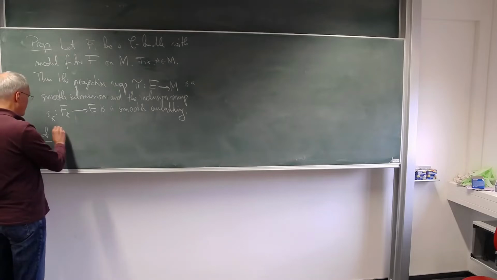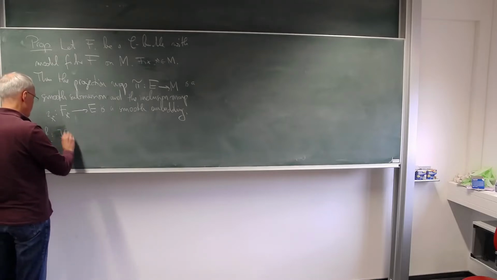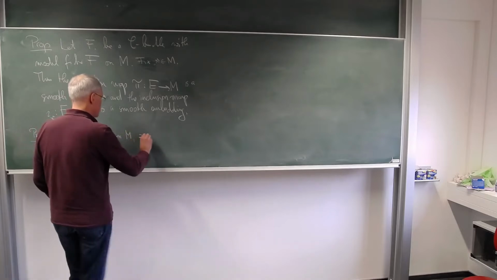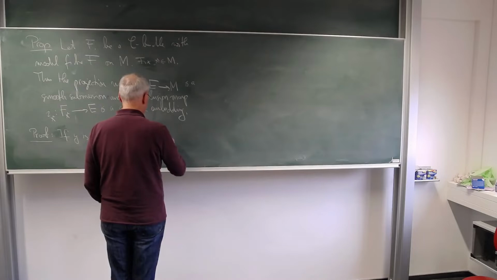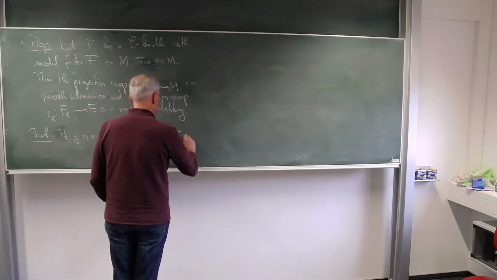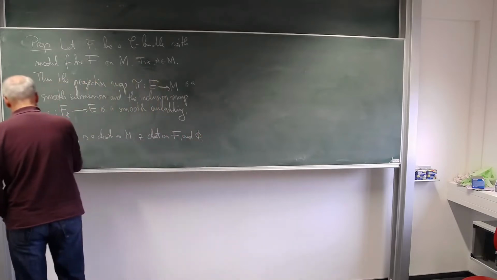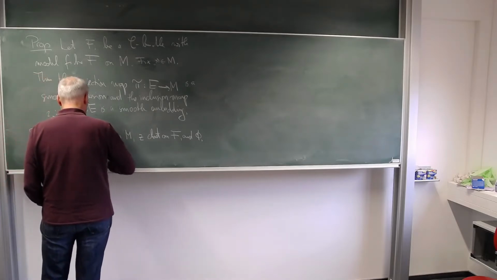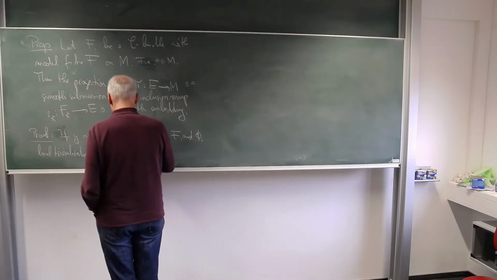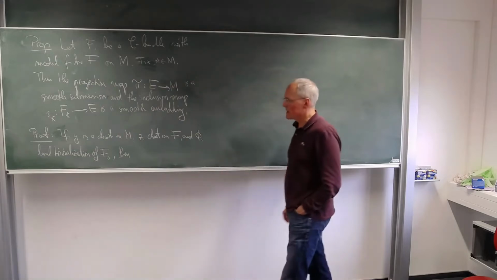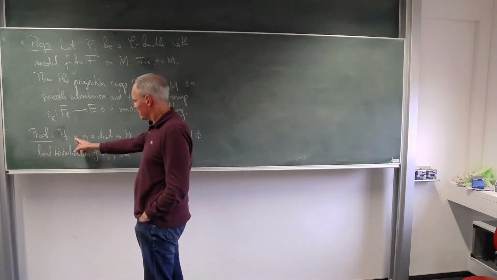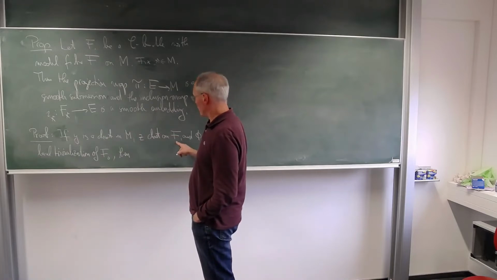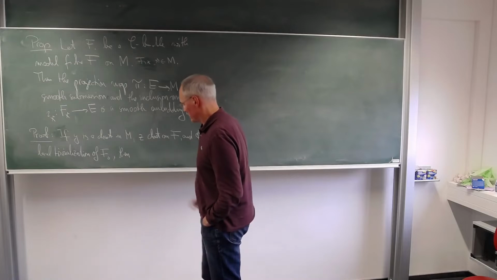So, if y is a chart on M, z a chart on the model fiber F, and phi a local trivialization of the bundle, then we constructed coordinates for the total space, which were given by the y's and the z's, the y's of the foot point and the z's of the point on F that I obtain when I map the fibers to the model fiber using the local trivialization.